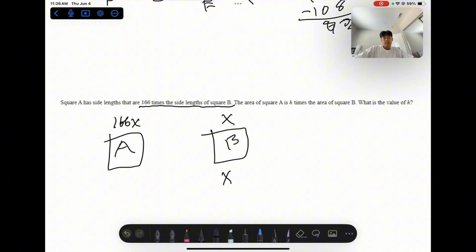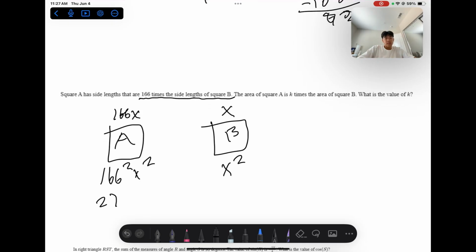So for this one it's x squared, this one is 166 squared x squared. So 166 squared is, let's see, 27,556 x squared.